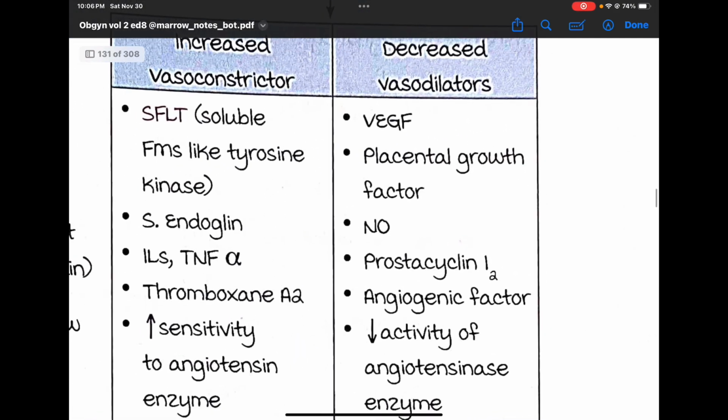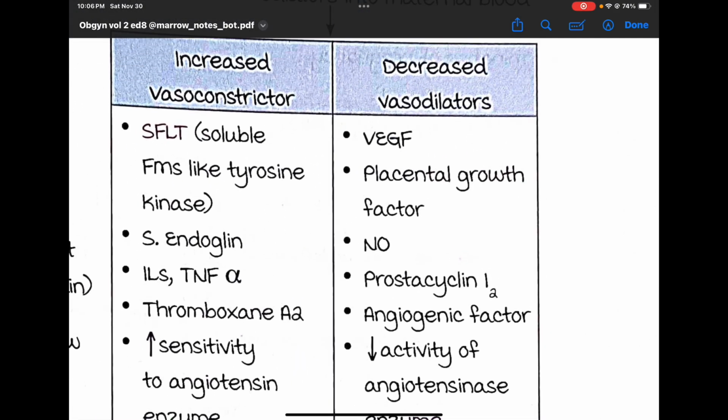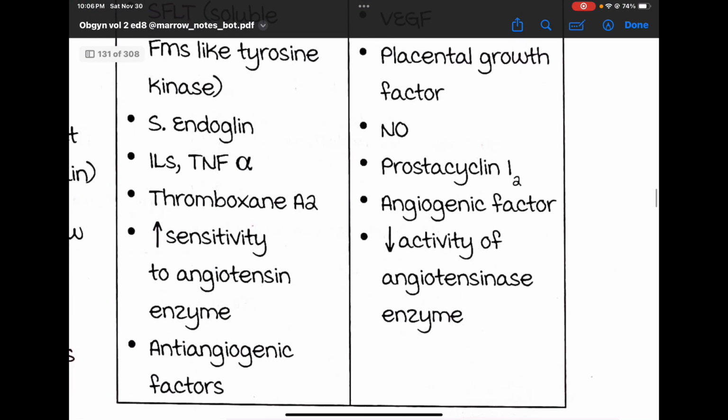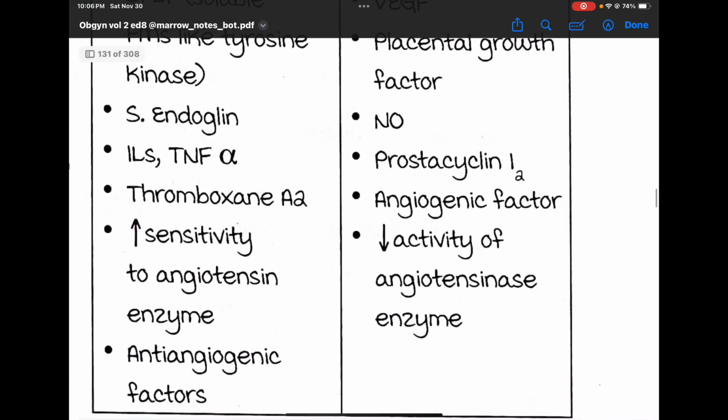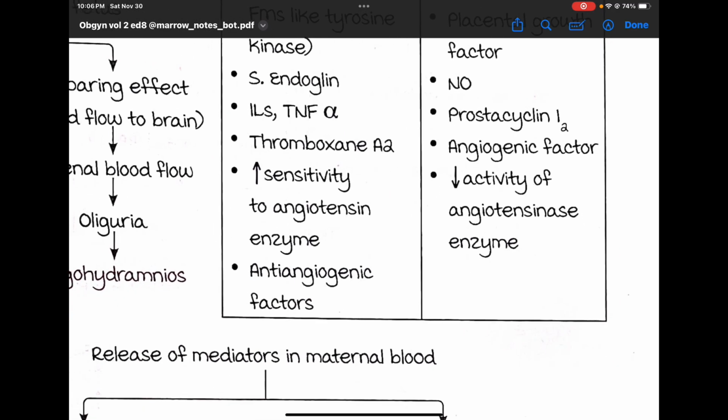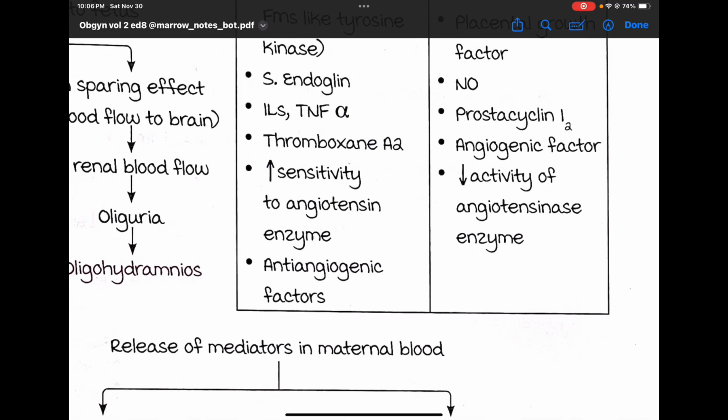Decreased vasodilators: VEGF, placental growth factor, nitric oxide, prostacyclin, angiogenic factors, decreased activity of angiotensinase enzyme.